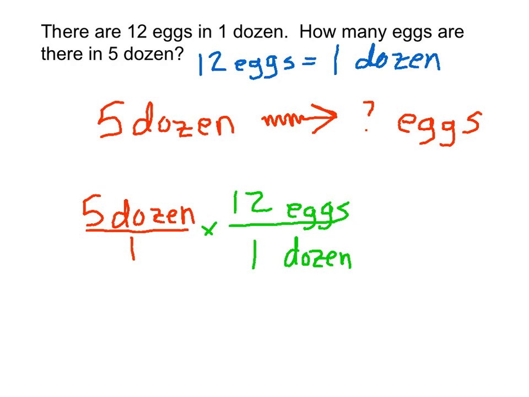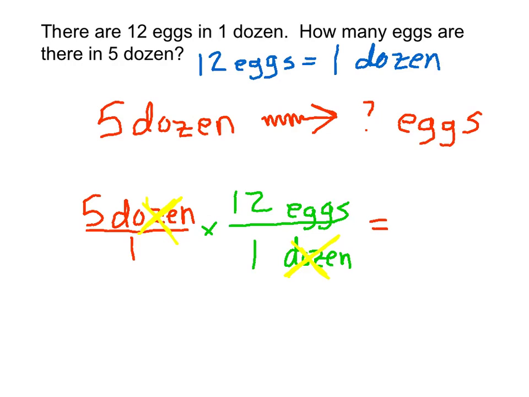So when we multiply across, we're going to have 5 dozen times 12 eggs. And what's going to happen is this dozen is going to cancel with this dozen. That's what I like to do, even before I multiply: I like to cross off what units are going to cancel.